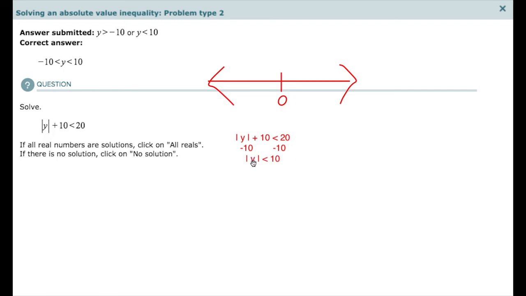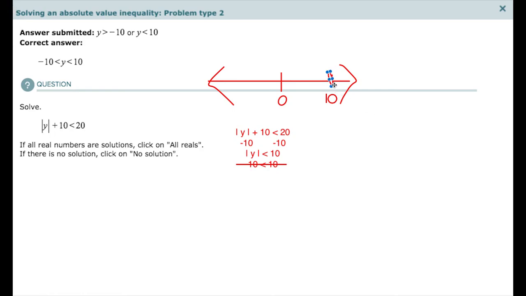And if it was 10, this wouldn't be true, because if we write 10 is less than 10, that's not true, right? That's false. 10 is 10, but it's not less than 10. If it was less than or equal to, that would be true. So since 10 isn't less than 10, we're going to put a point at 10, but it's going to be an open point at 10.